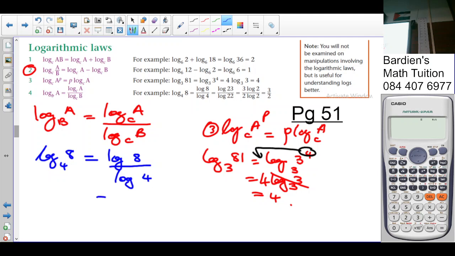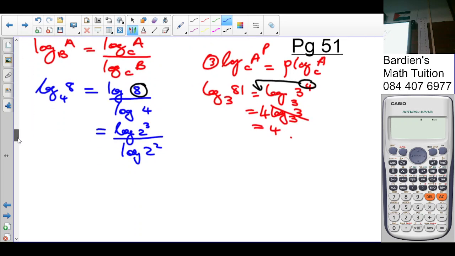So 8 can be written as what? 2 to the power 3 over log 2 to the power 2. So what can happen now? You can bring the exponent forward. 3 goes there, 3 goes there.